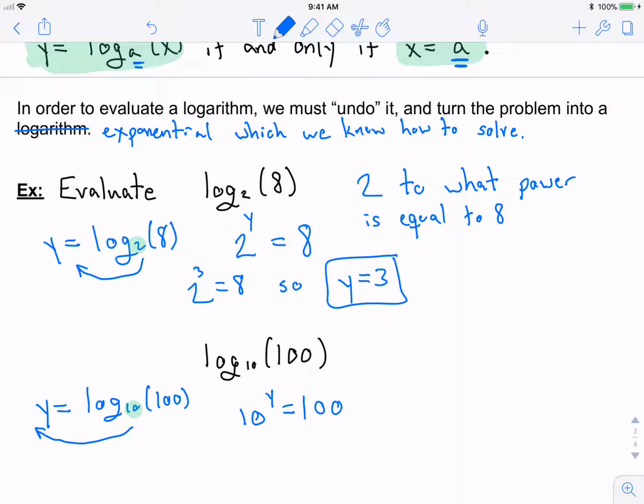And what should y be? Well, 10 to the power 1 is equal to 10. 10 squared is equal to 100. So y must be equal to 2. Again, we have to play a little bit of guess and check to try to solve these, and there's no other way to do it that we know right now.